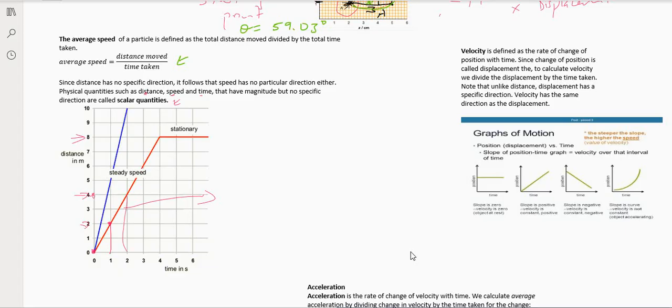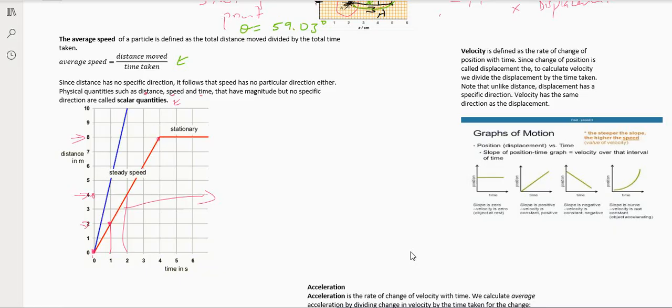So this is telling me that my car is moving at a steady speed, right? And one way to find this out is by finding the gradient of this graph. So it's clearly this section from 0 to 8 meters, that car is at a steady speed.